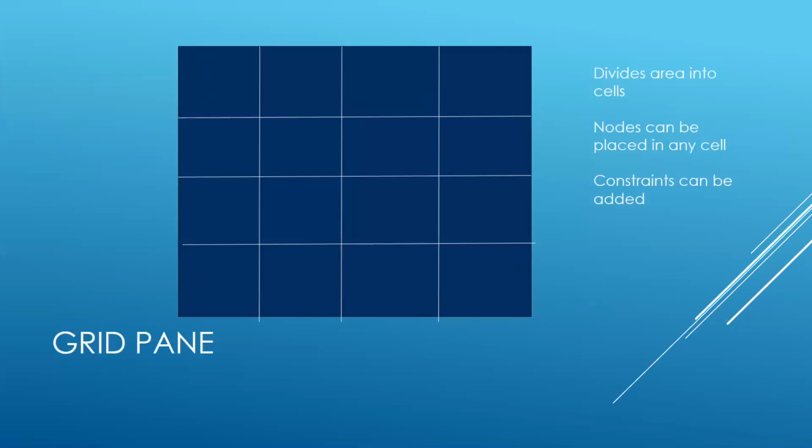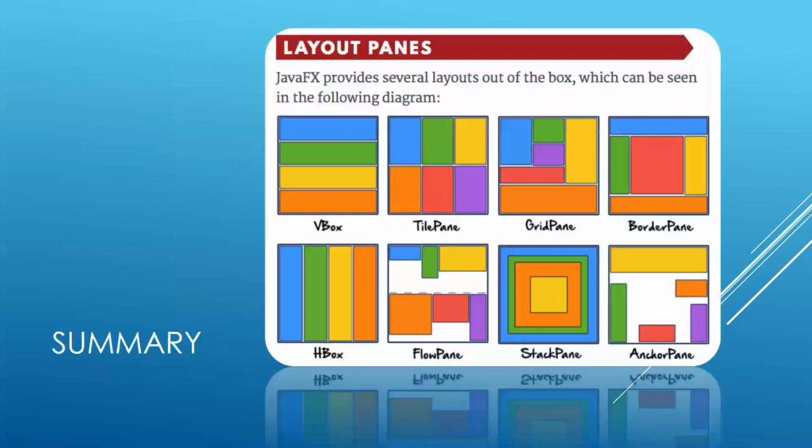And I would do it just like an array. This would be position 0,0, 0,1, 0,2, etc. So each of those grid locations has its own number, a unique identifier, so we can add things to it. So the grid pane is probably used quite a bit.